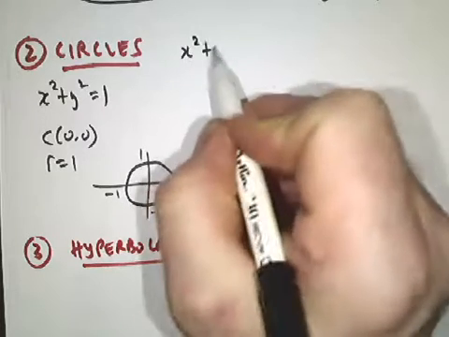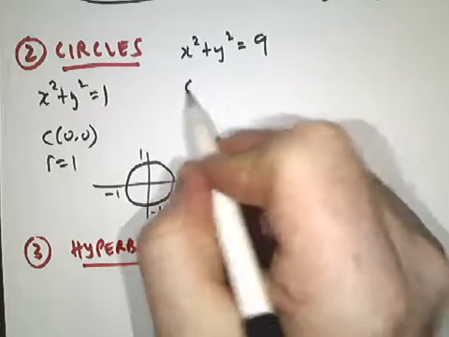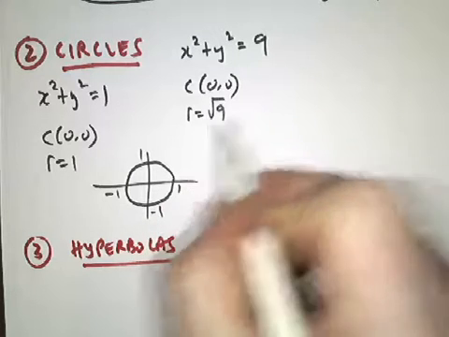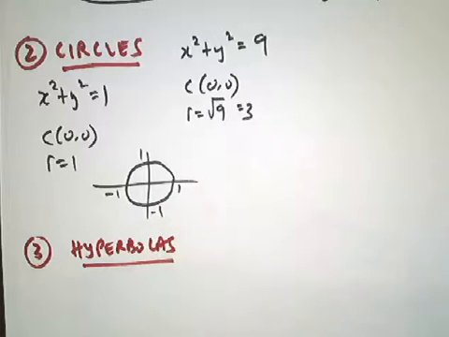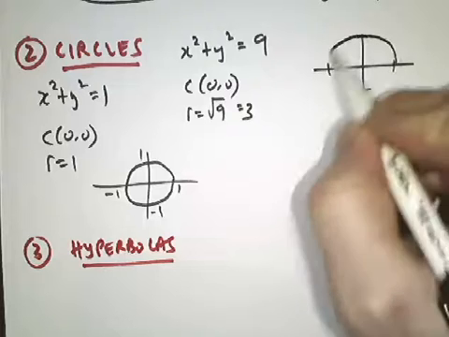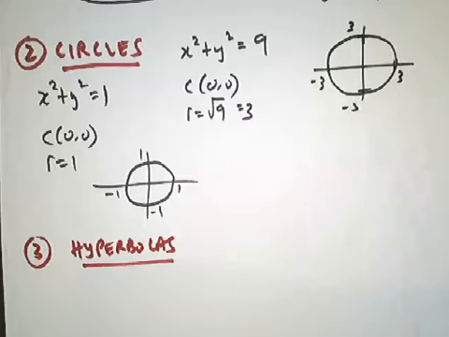If x squared plus y squared equaled 9, then it's a circle of centre 0, 0, but the radius is equal to the square root of 9 or equal to 3. 3, -3, -3, 3. That's what the circle's going to look like.